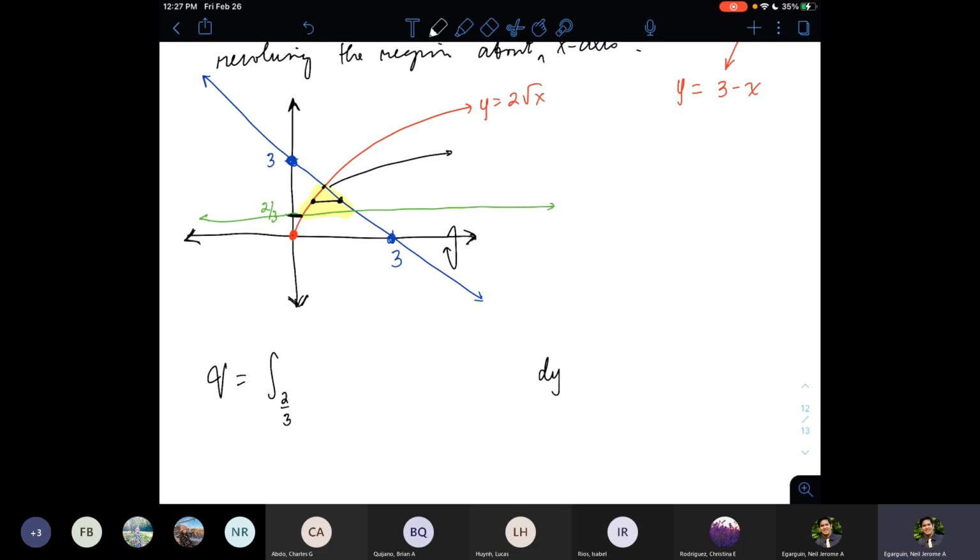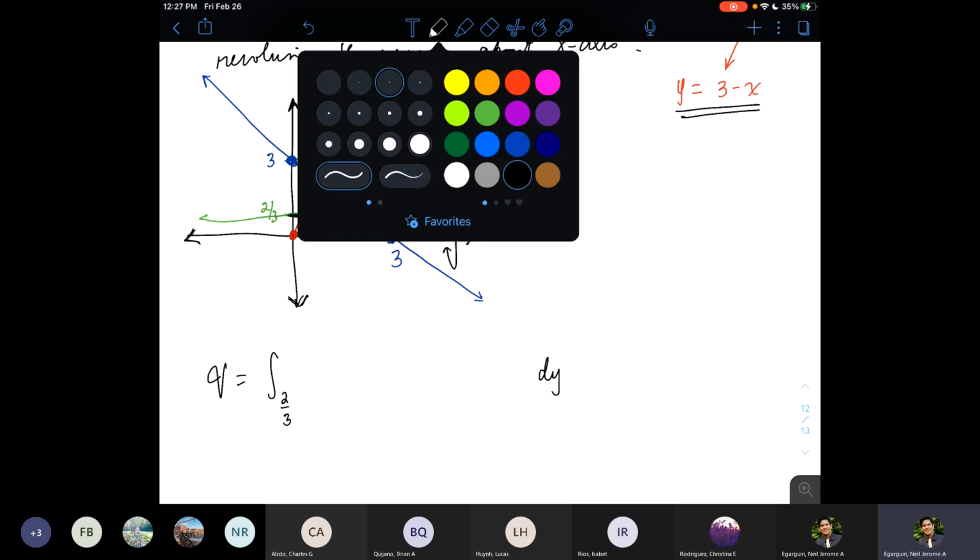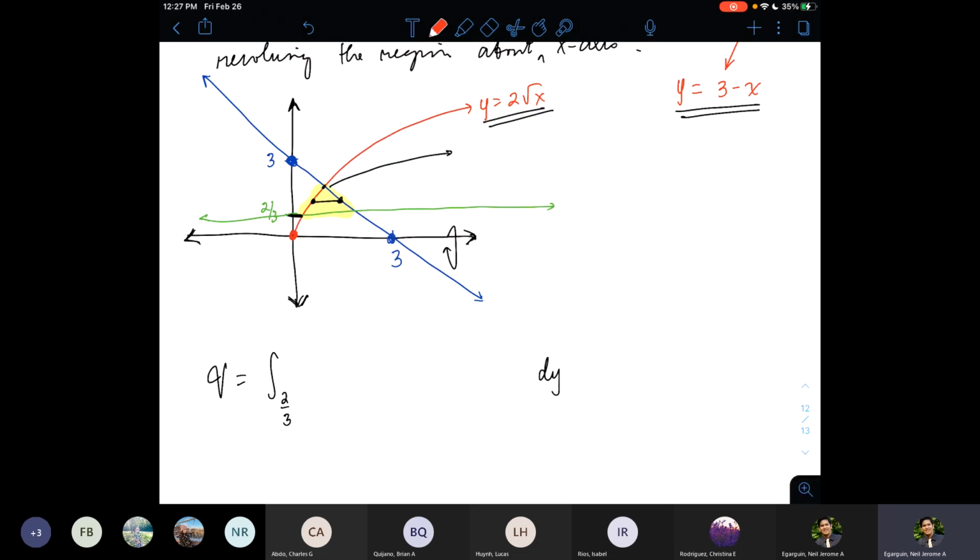So we need to solve the intersection of the two. We know that the red graph has equation y equals 2 root x. The blue curve has equation y equals 3 minus x. I'm looking for y, so maybe it's easier to solve first for x in terms of y.